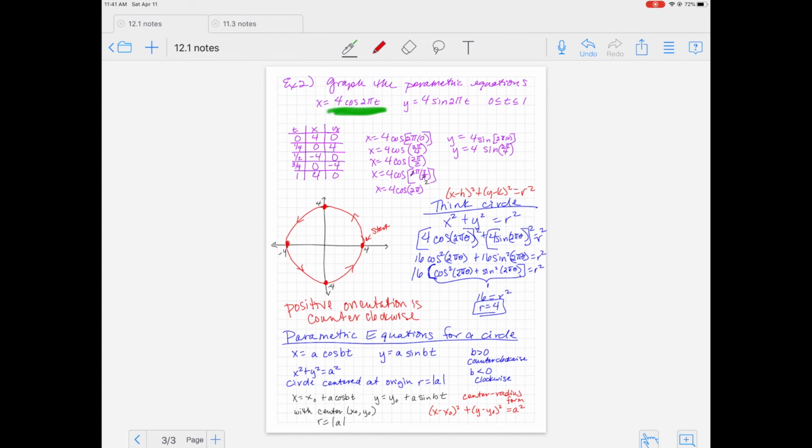I could have looked at this right off the bat and said, okay, that's going to be my radius, centered at the origin because I'm not adding or subtracting anything else to it. So you can take these parametric equations and go right to graphing your circle because you know the generic parametric equations for a circle. All right? That's the connection right there. All right. Circle's not too bad.